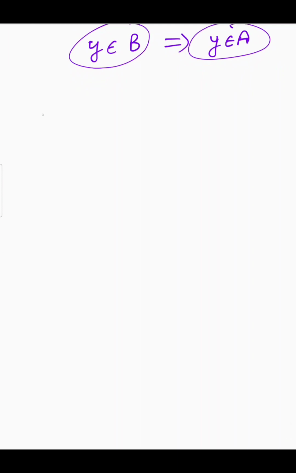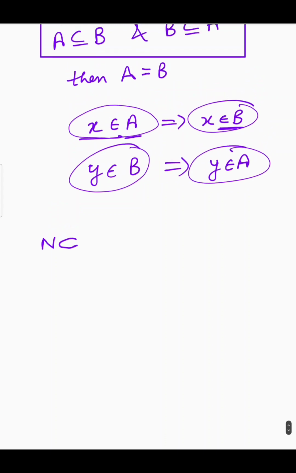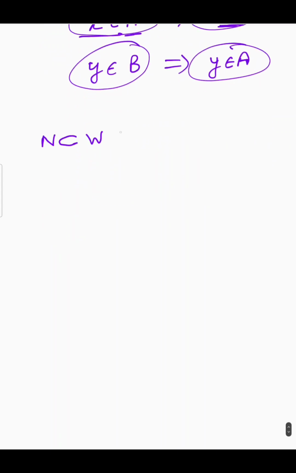So we can write this like, right? Natural number is a subset of whole number. Whole number is a subset of integer. Integer is a subset of rational number.